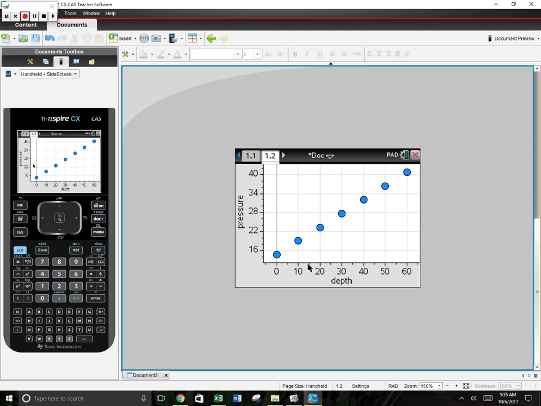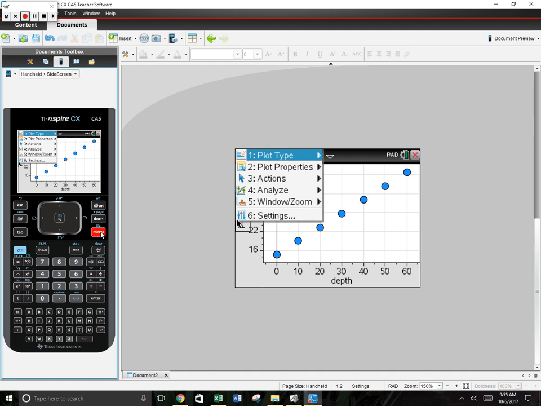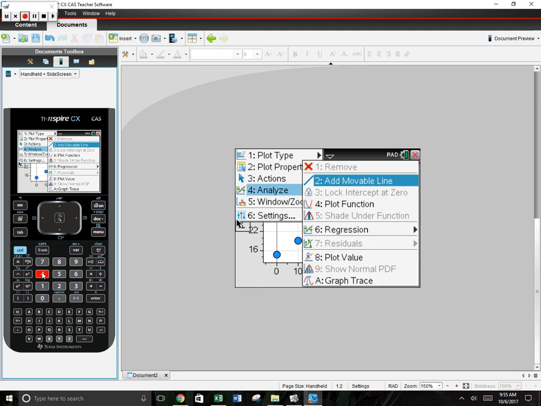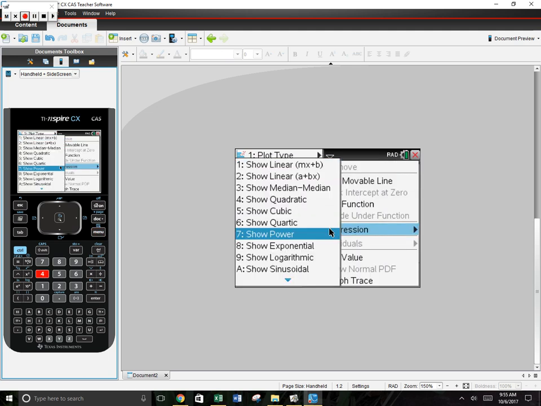So now once you've got your x-axis and your y-axis all put together, everything's going to be in your menu. So click on your menu and you want number 4, analyze. Just hit the number 4 and option 6. We're going to do a regression. Let's do a linear regression first.